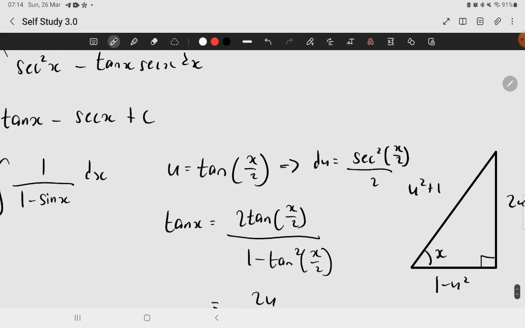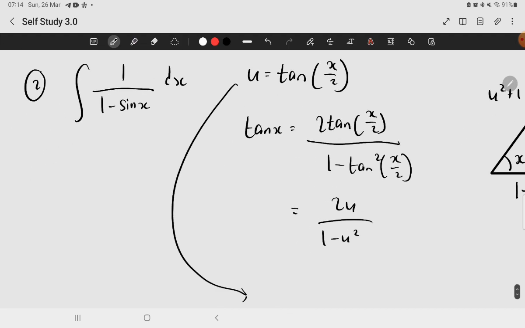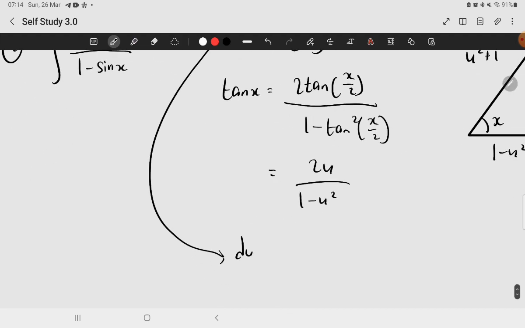Now, I'm going to write down here so that it will not interfere with my drawing. The derivative with respect to x is secant squared of x over 2, over 2.